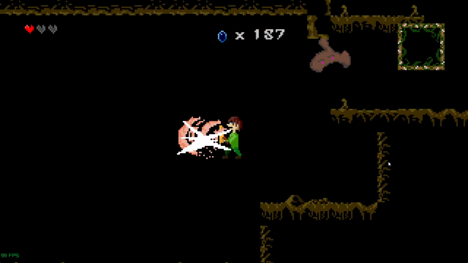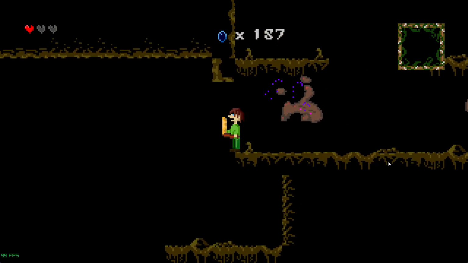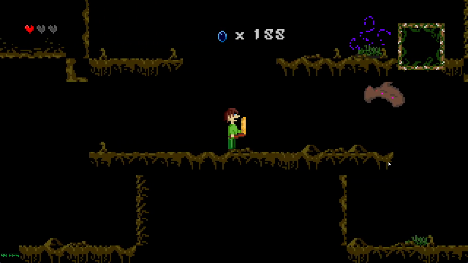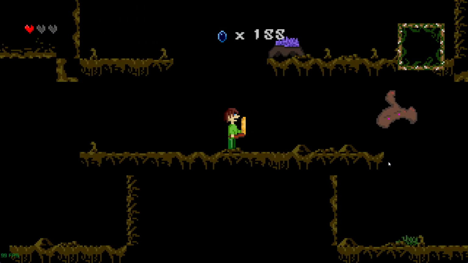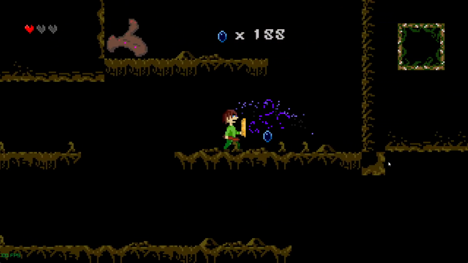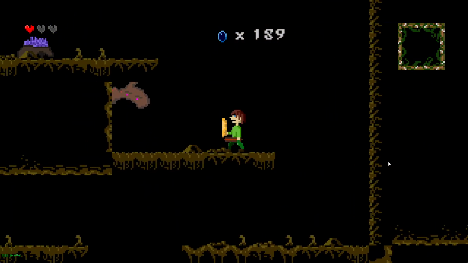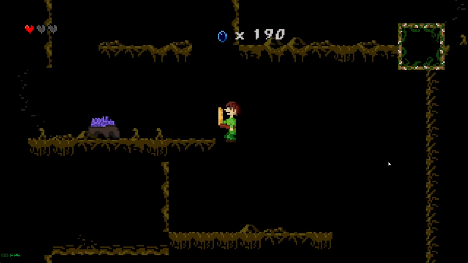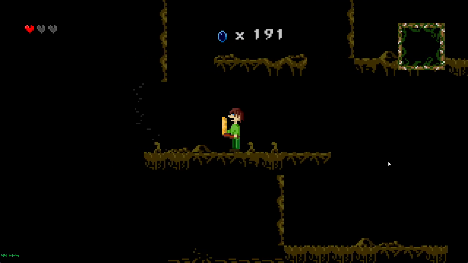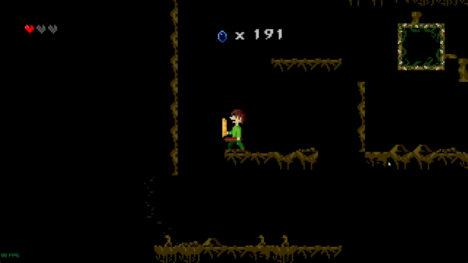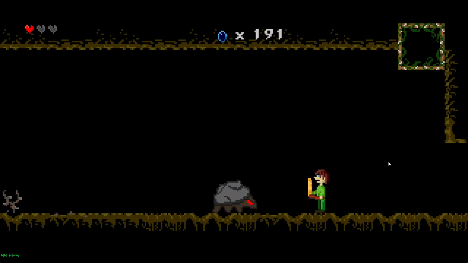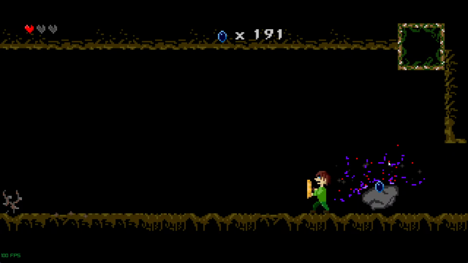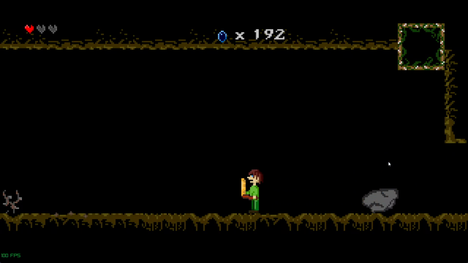Oh, yeah. Oh yeah, I did already move through here, so let's just go here, I guess. We could just pretend that we did the whole puzzle up there.